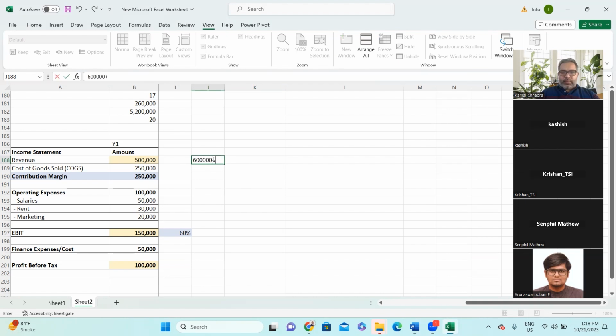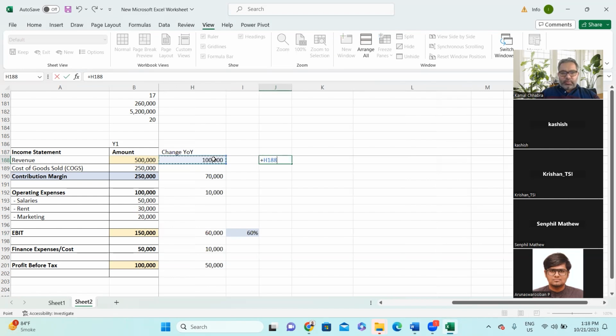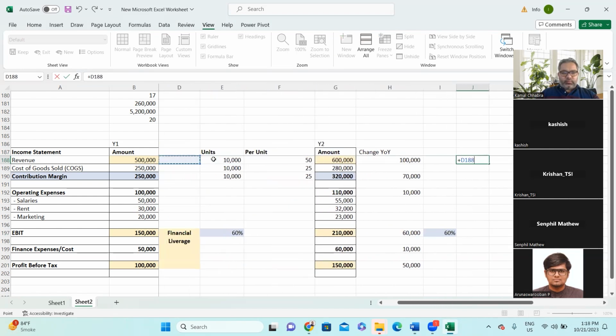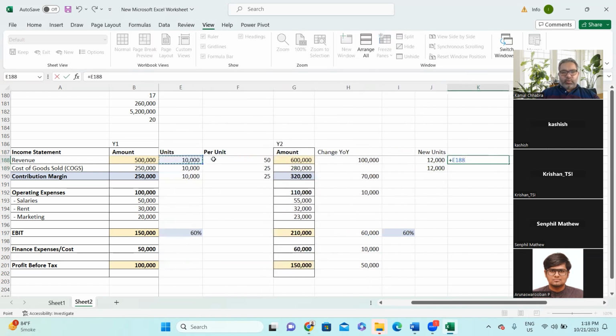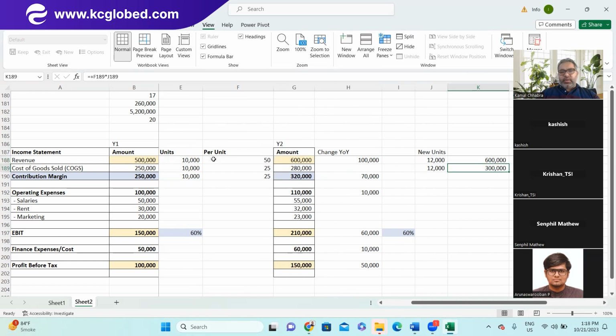So before jumping into it, let's assume the new units is 12,000. So that means your revenue will increase to 50 multiplied by 12,000 and your COGS will change to this, right?